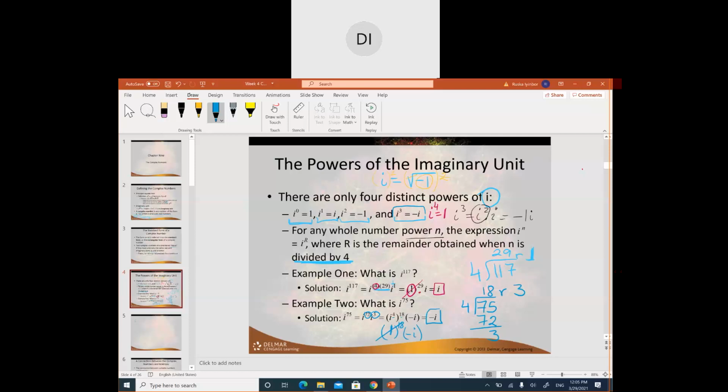So 4 times 18 plus 3 is 75. So you're kind of breaking down 75 as 4 times 18 plus 3. Make sense? Okay, thanks. You're welcome. So we're going to do another example.